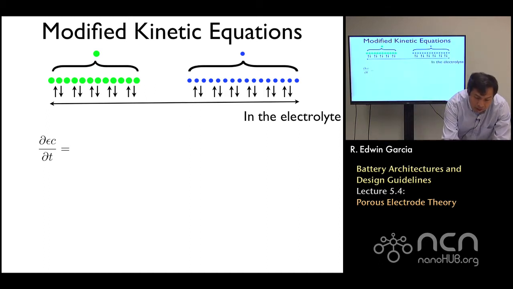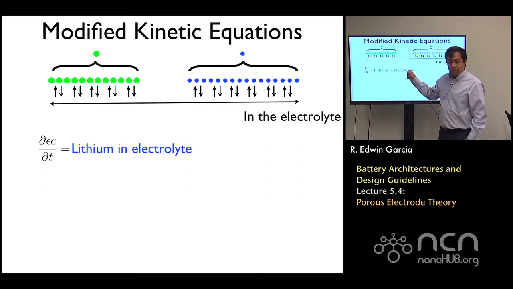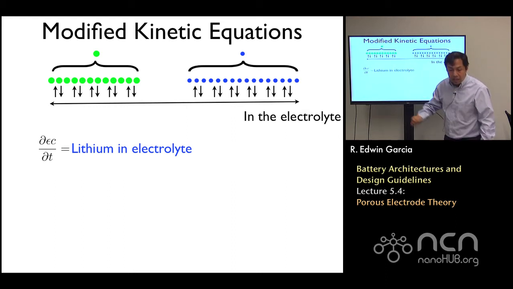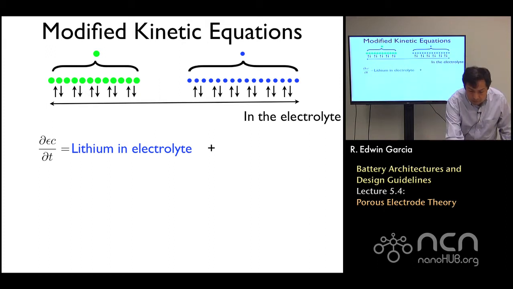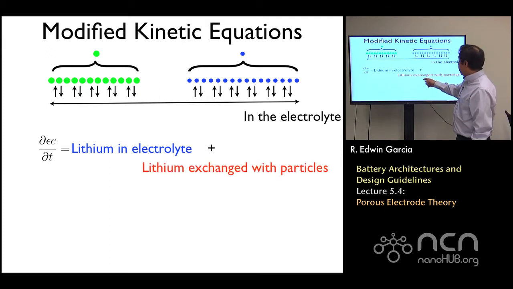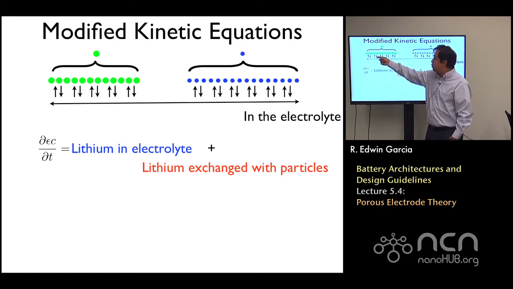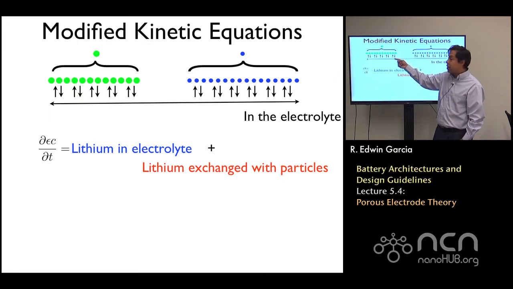That corresponds really to the lithium in the electrolyte, and I have to account for the lithium that I actually take away from the electrolyte and put into or remove from the particles. Those two contributions allow me to see how lithium diffuses through the porous electrode, and how there is an intake with the electrode materials.